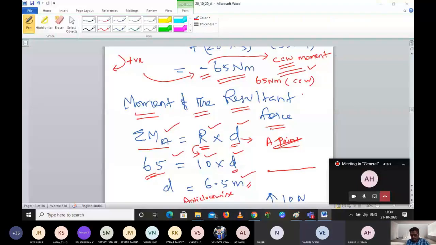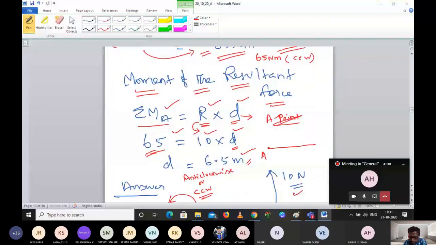So now after this, we have to calculate the distance. So we calculated and we found that from point A, the 10 kilonewton resultant, whether I have to put an up or down arrow now? Think and then say. Up, sir. Anti-clockwise means up, sir.